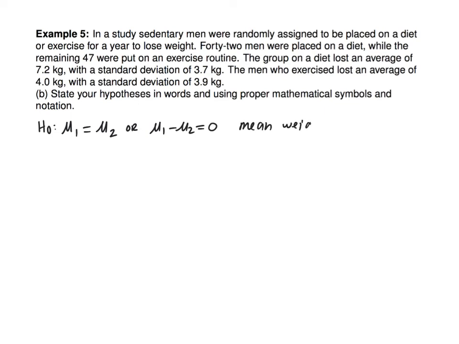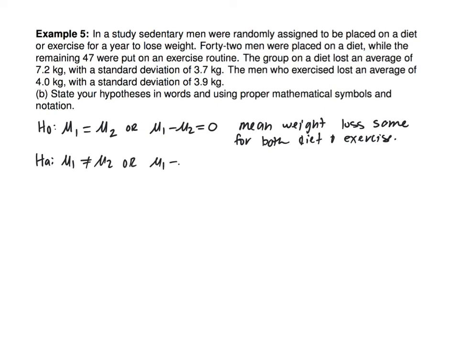So mean weight loss is the same for both diet and exercise. And HA will be that mu1 is not equal to mu2, or mu1 minus mu2 is not equal to 0, or the mean weight loss is different for diet and exercise.